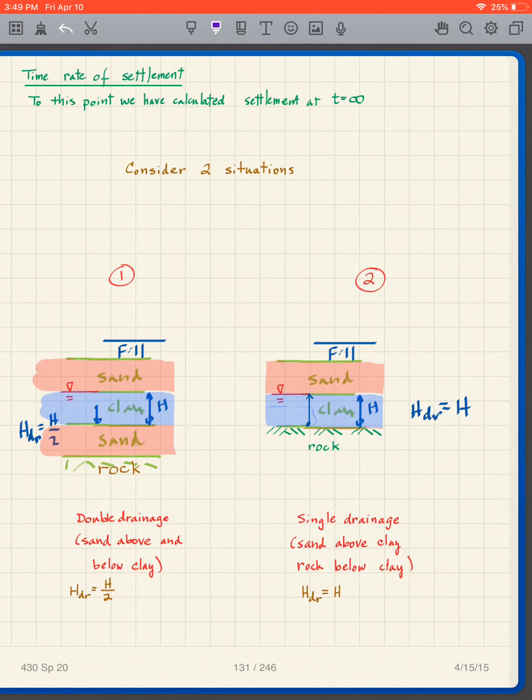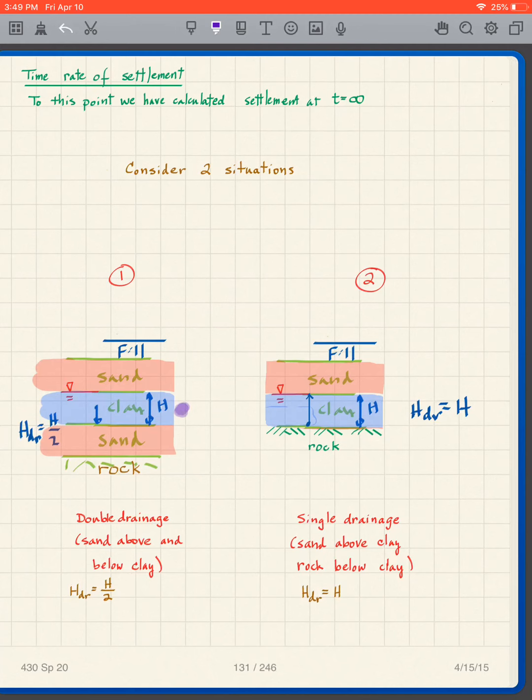The thickness of the clay, again, we're going to use as H. And we're going to come up with a new symbol called HDR. If I have double drainage, HDR is H over 2. Why is it that? Because HDR represents the longest that a particle of water has to go to get out.